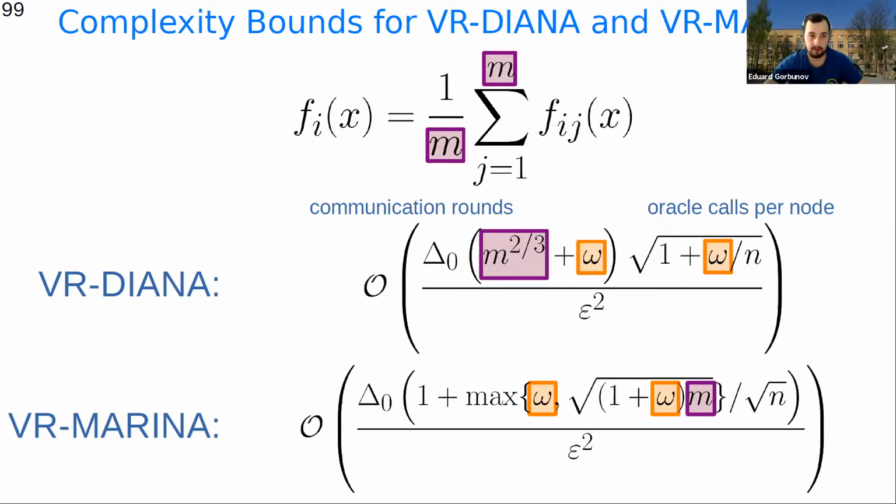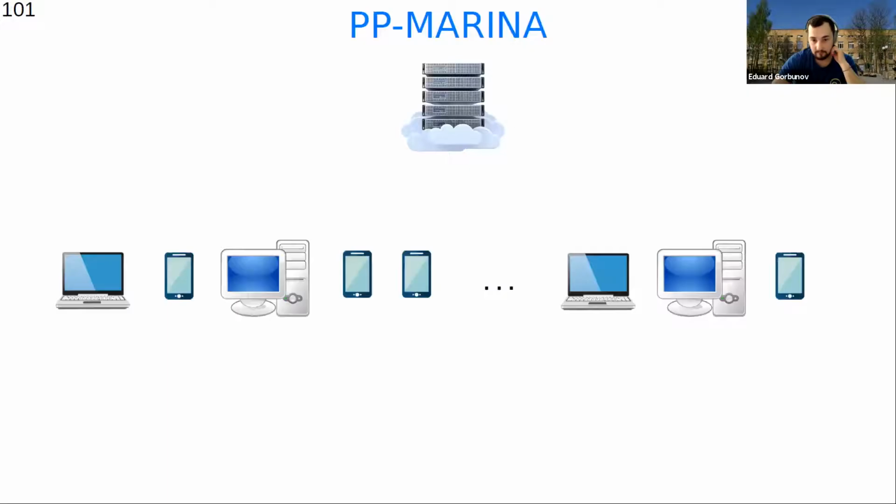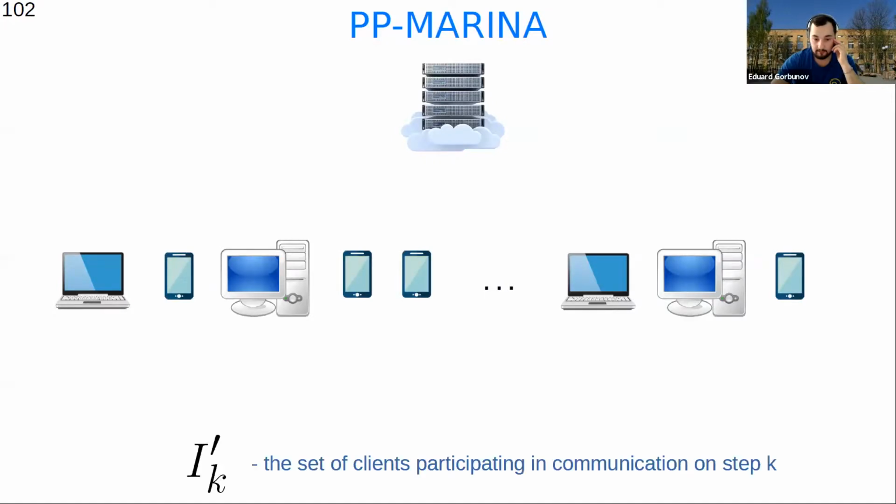Okay, thanks. Actually, I do not have a lot of slides. It remains to just mention partial participation, and we actually have good background from the previous line, so I'll quickly introduce MARINA with partial participation. Here we consider client sampling. Let us call I_k prime the set of clients participating in communication on step k.